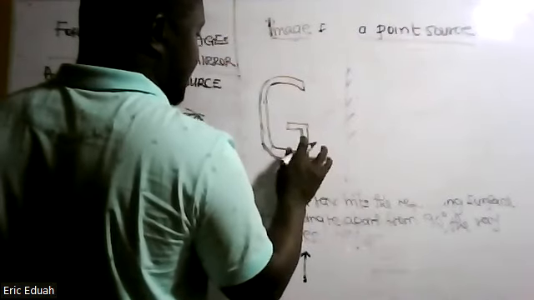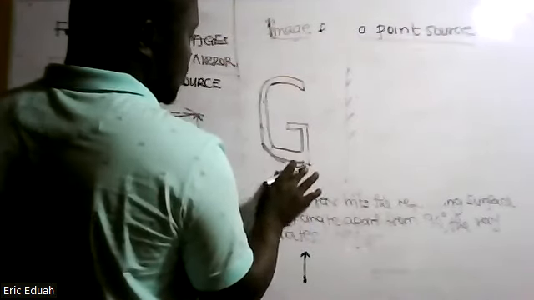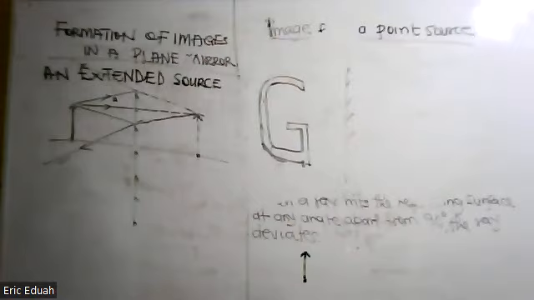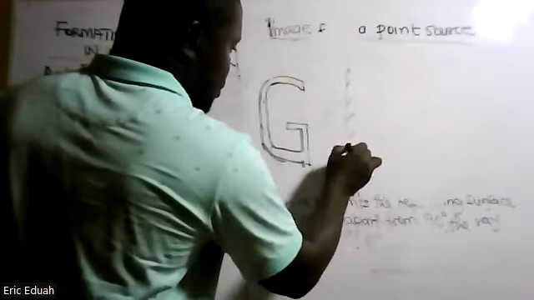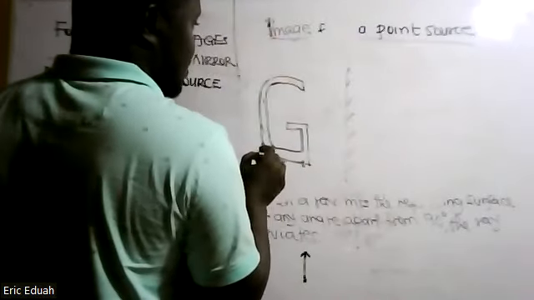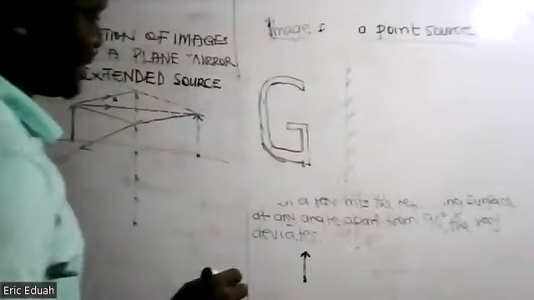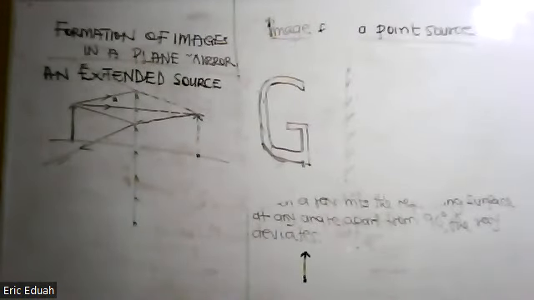Just use a ray diagram to have a lateral inversion of this, to produce an image of this, which will be laterally inverted. Use a ray diagram. Please try it and let's see.